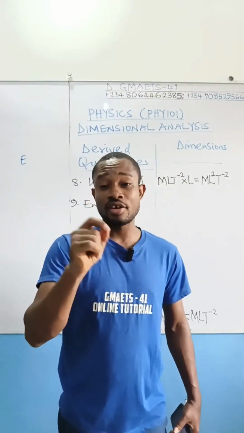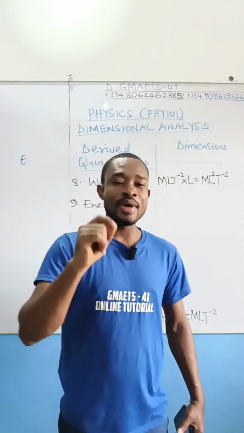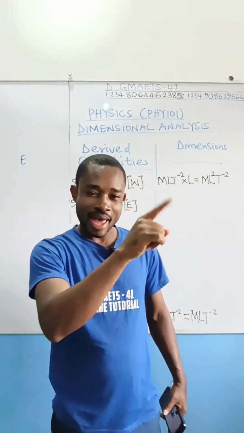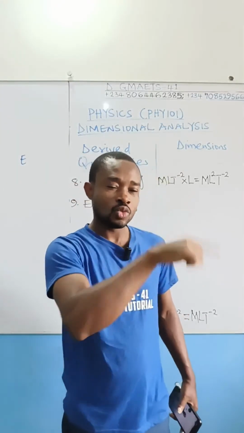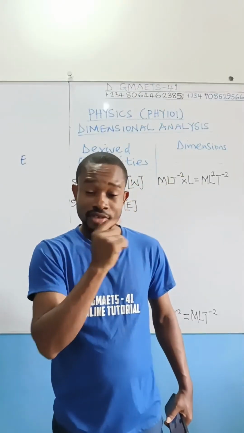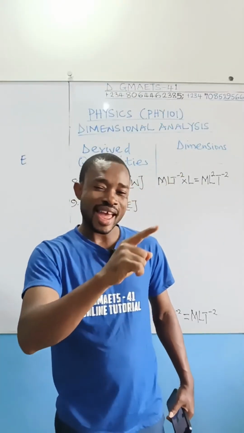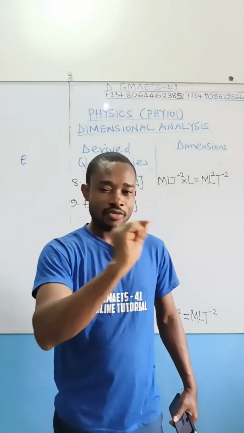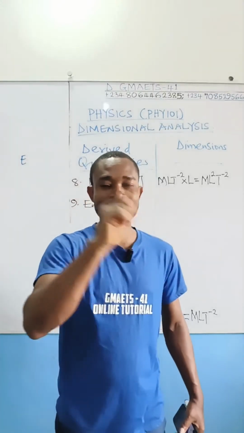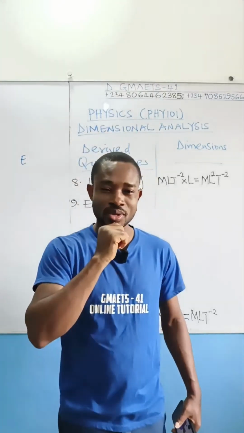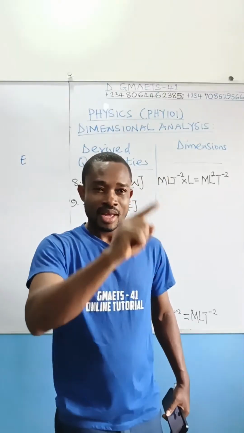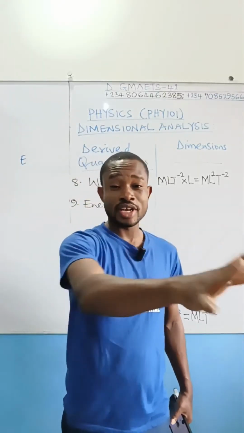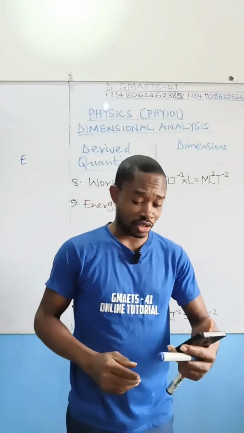Then the dimension of h, height, is L. So remember mgh: m will be capital M, g will be L T raised to the power minus 2, and h will be L. If you work that out, L times L will give you L raised to the power 2. So everything becomes M, L raised to the power 2, T raised to the power minus 2. So you can work on that using mgh to get the dimension of energy.